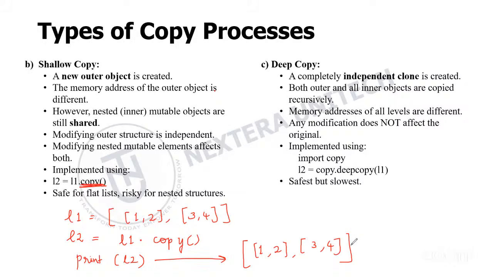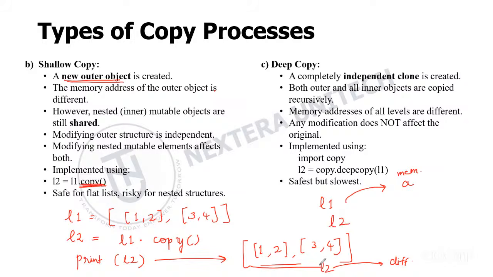So here, a new outer object is created. That is, this new object, L2, is created in a different memory location than L1. L1 will point to some memory location, let's say memory A. When I perform shallow copy using the dot copy function, the elements of L1 are copied into L2.